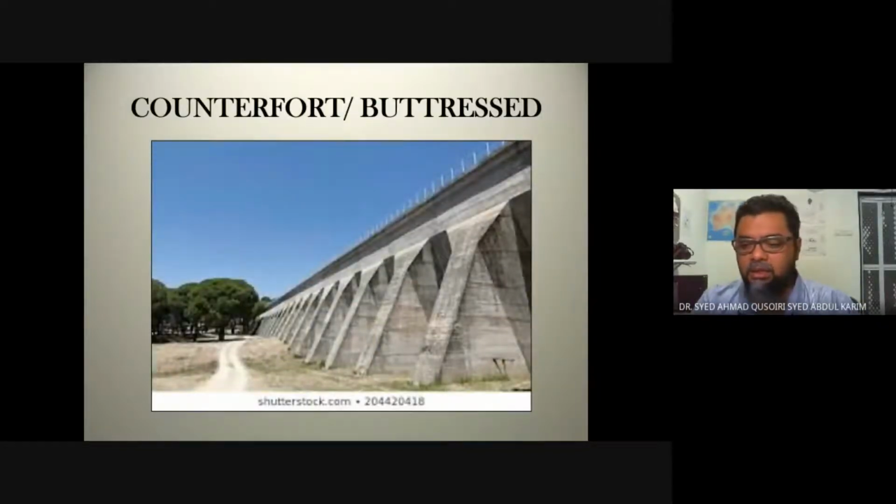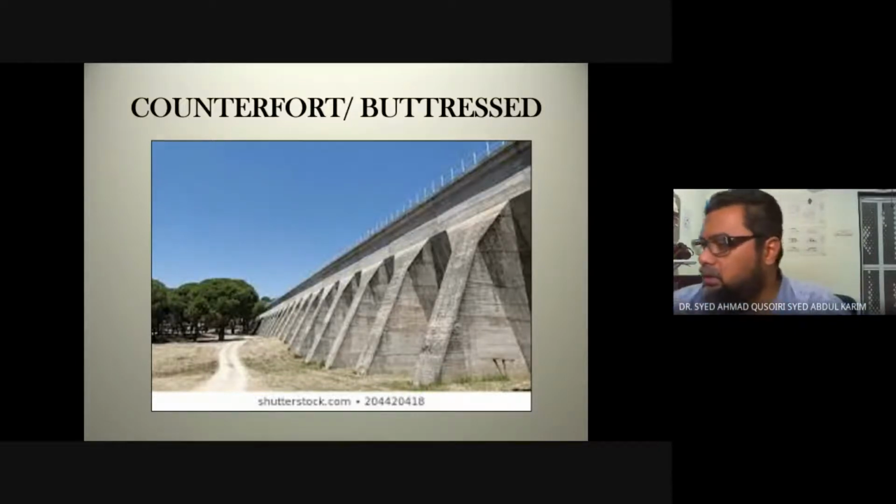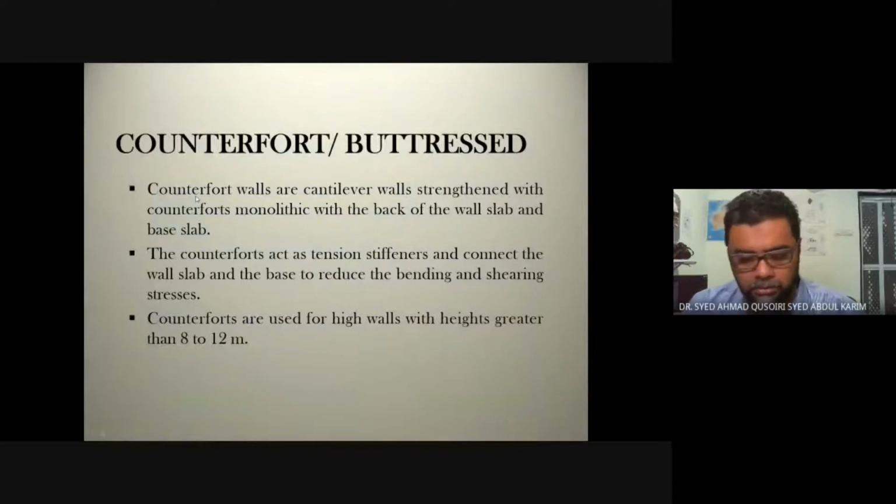Next is the counterfort or buttressed wall. I'm going to try something else just to ensure that my pointer is showing. It's not really showing that well. All right, so we'll try that.